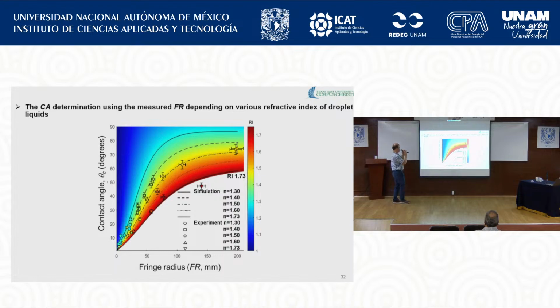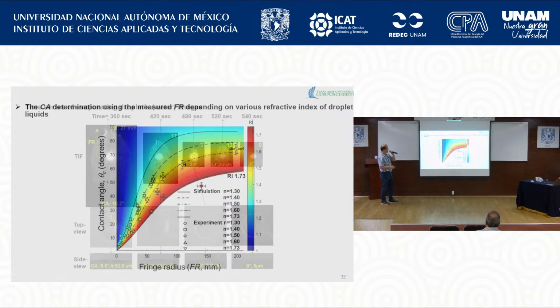Now this one shows we also investigated transmission interference in terms of drumlet liquid refractive index. We used the calibrated index from 1.3 to 1.73 from the Cargille labs, and it shows very good agreement between simulation and experiment. Okay.